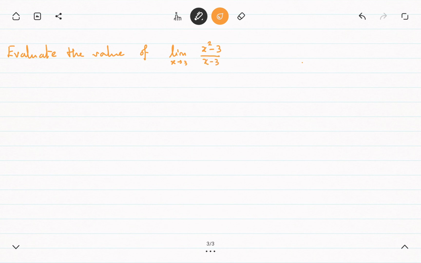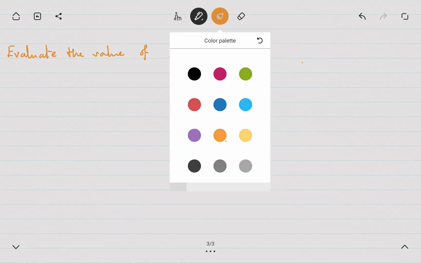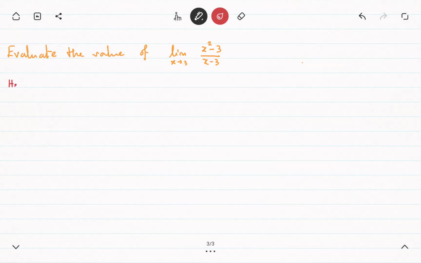Now here the function f of x, that is x square minus 9 by x minus 3, is not defined when x equals 3.